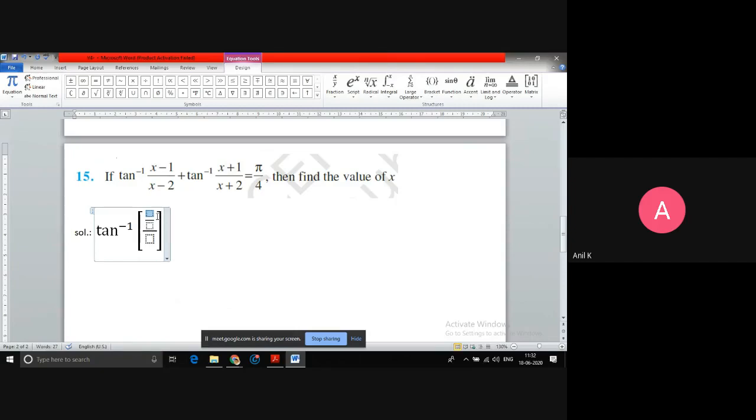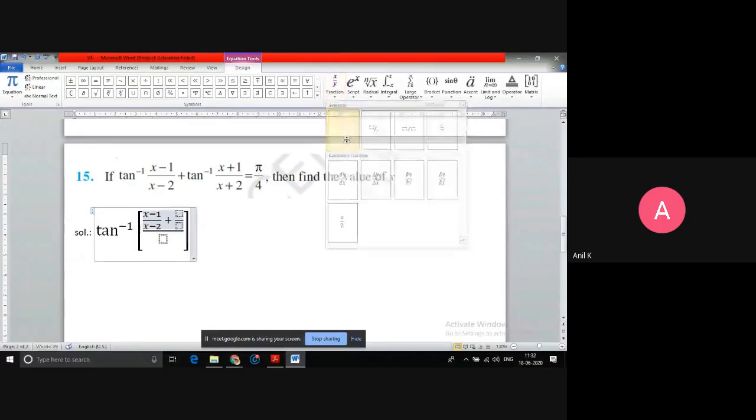So here A is x minus 1 upon x minus 2. This is the A term, plus, then the B term is x plus 1 upon x plus 2. Again, I need a fraction here.